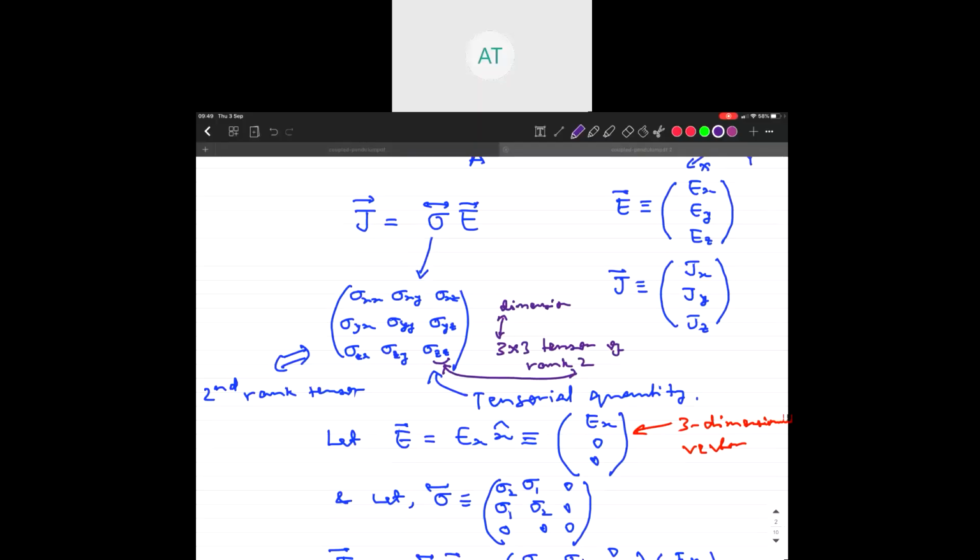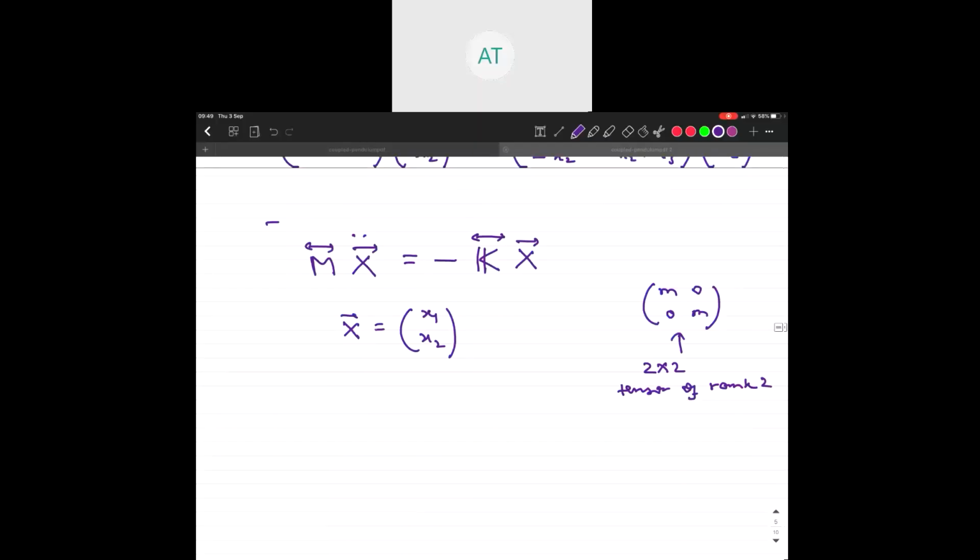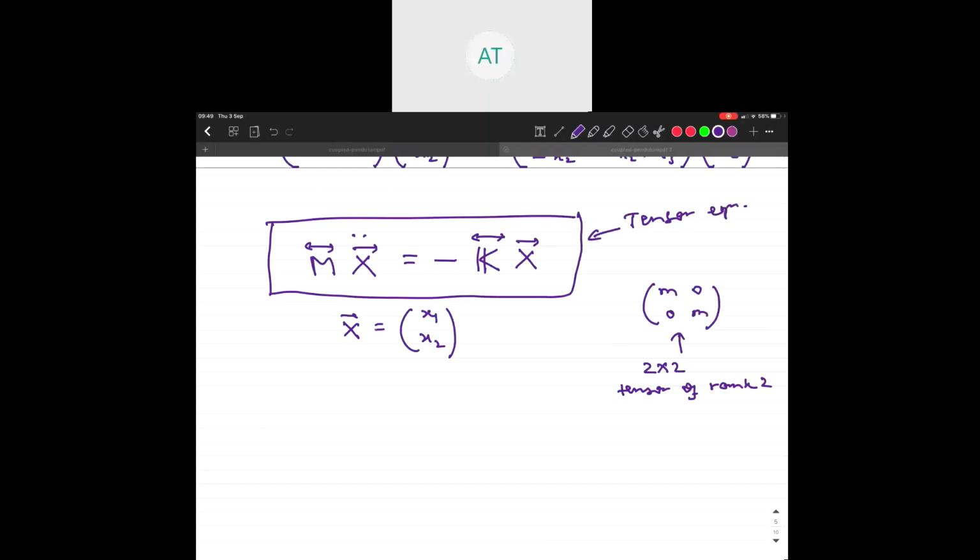Okay, so therefore now you have converted this into an equation in terms of tensors, right? The same physical problem has been converted into tensors.